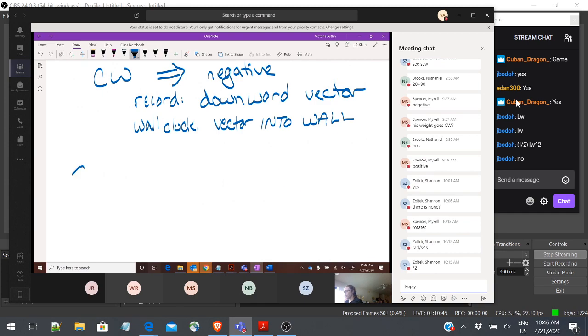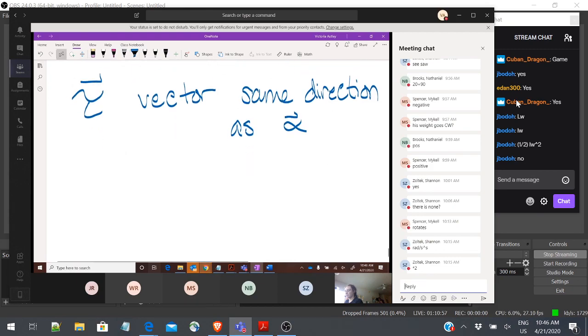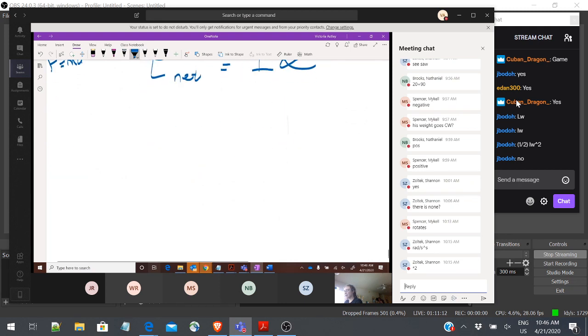So your torque vector is going to point in the same direction as your alpha vector. Just like F equals ma is vectors, this is really properly vectors.